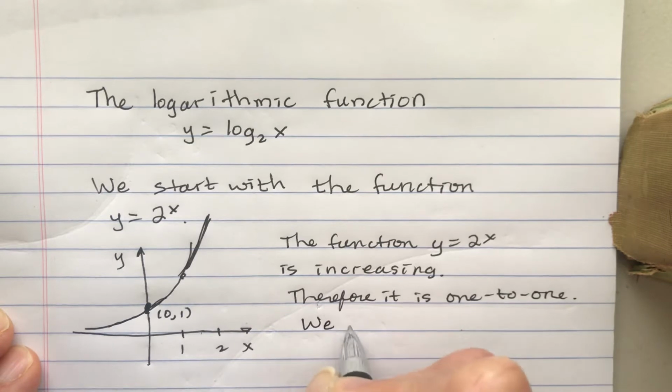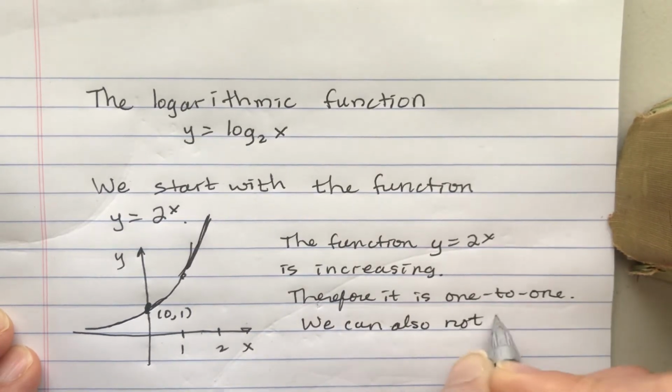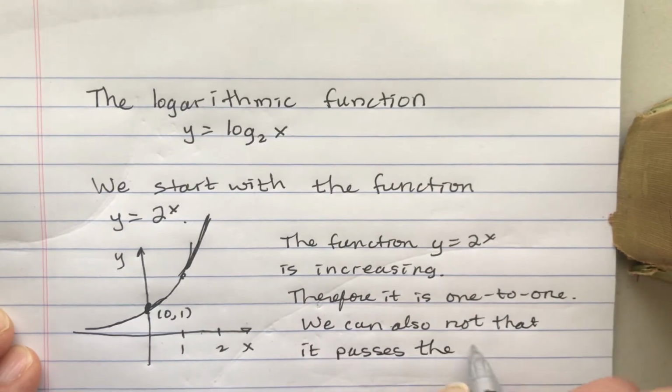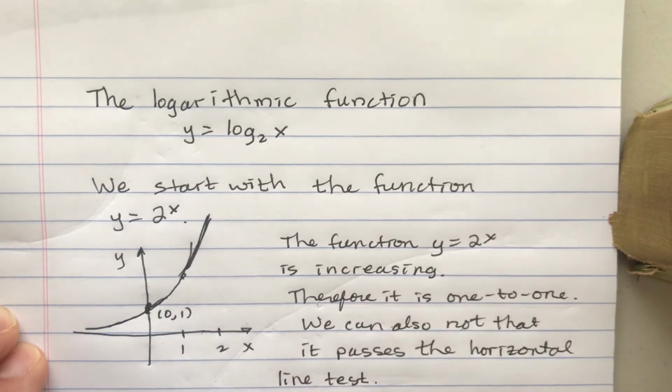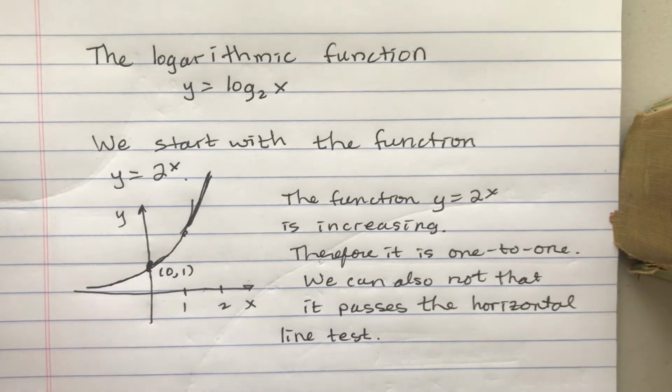We can also note that it passes the horizontal line test. That's another way I can see that it's 1 to 1. Okay, so what's all that 1 to 1 about?